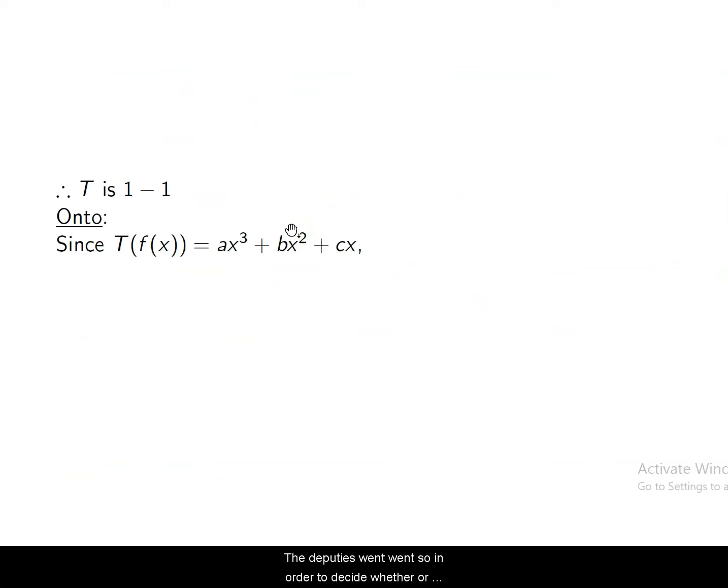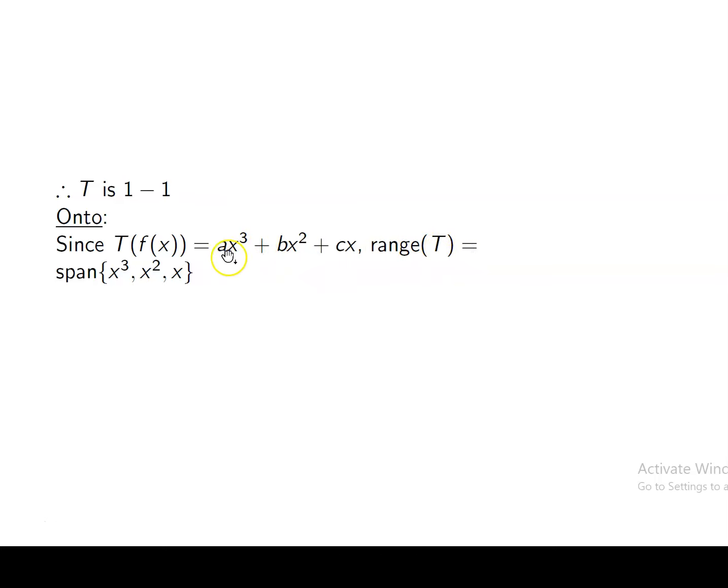So in order to decide whether or not it's onto, we know that when we transform a vector, it's going to look like this: ax cubed plus bx squared plus cx. And the range of T, in this case, is going to be the span of the basis vectors for creating this, which is any linear combination of x cubed, any linear combination of x squared with x itself.